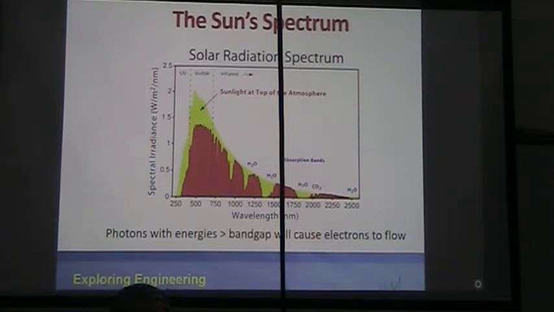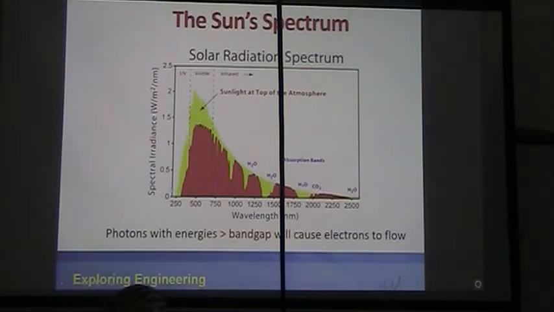All right, so here we have the amount of spectral irradiance, in other words, the watts per meter squared per nanometer, and our wavelength in nanometers here.